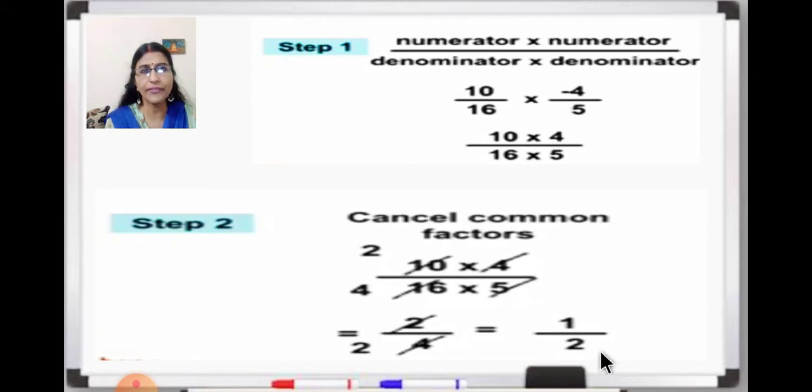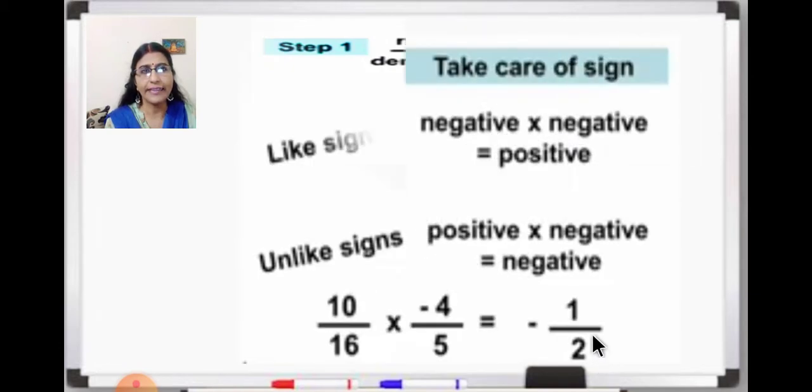Now next step what we have to see? Let us see that we will have to take care of sign. So here we have learnt in chapter number 1, integers, that like signs, when you multiply a negative integer with another negative integer, we get a positive product, positive number. Or if you multiply a positive integer with another positive integer, you get a positive number.